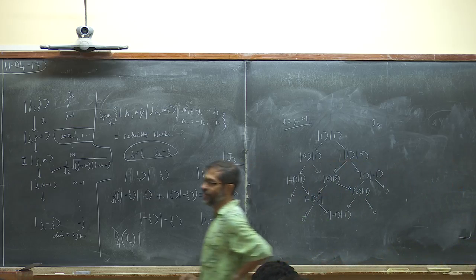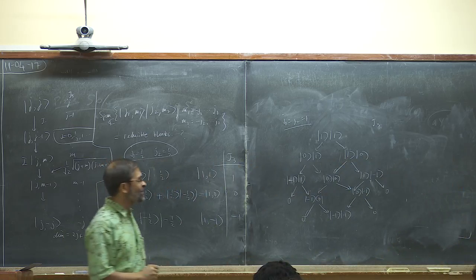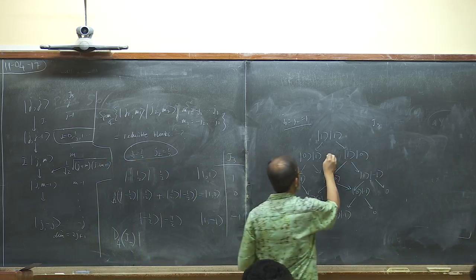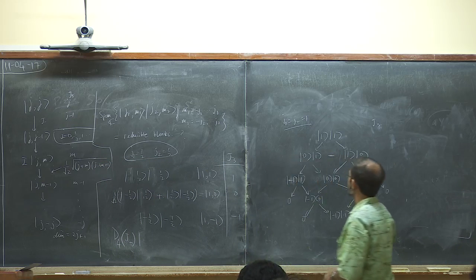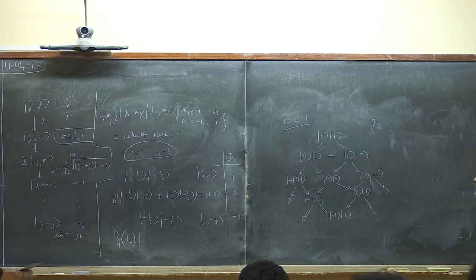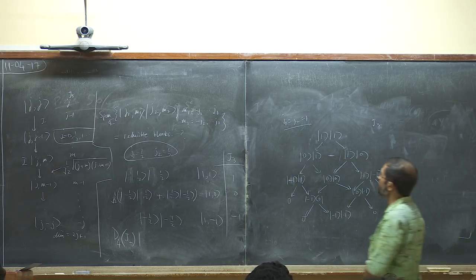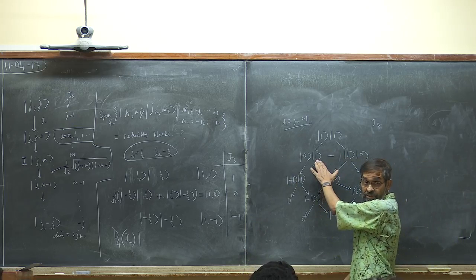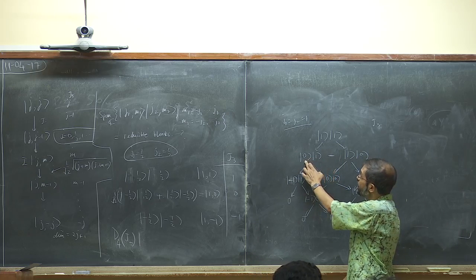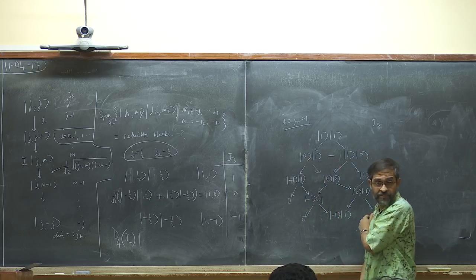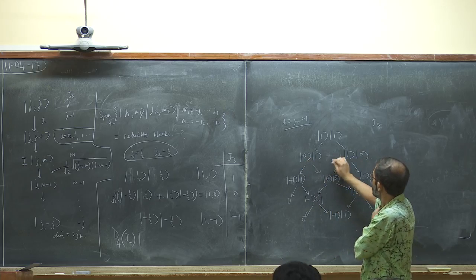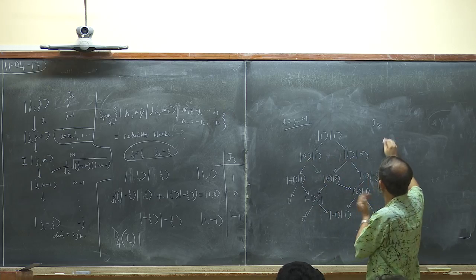Very good. So I'll apply the J plus on that. If I have the minus combination and I act on that by J plus, what will happen? This will be clean, so I'll get 1, 1, minus 1, 1.